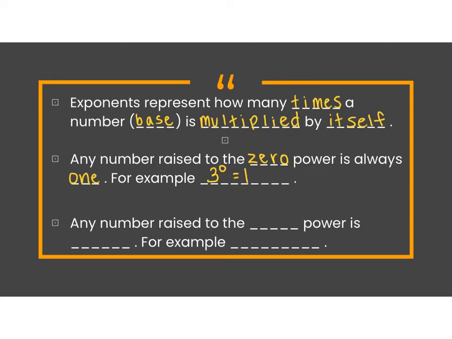Any number raised to the first power is itself. For example, 7 raised to the first power equals 7.